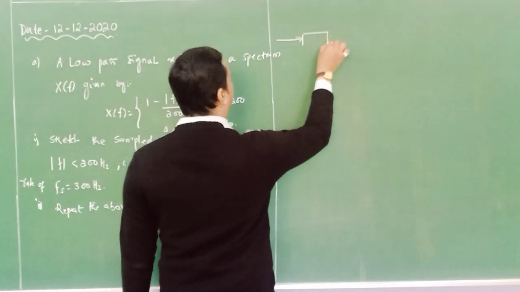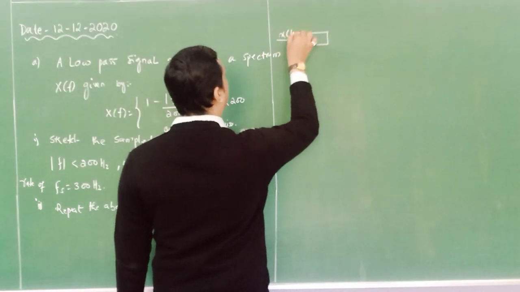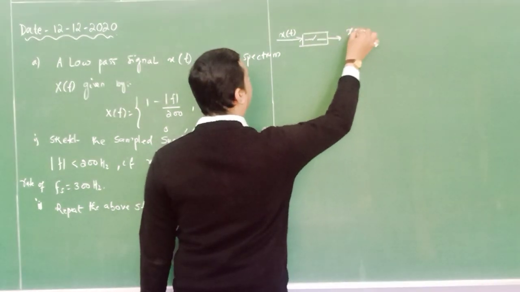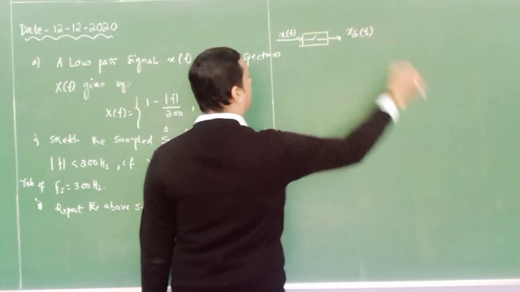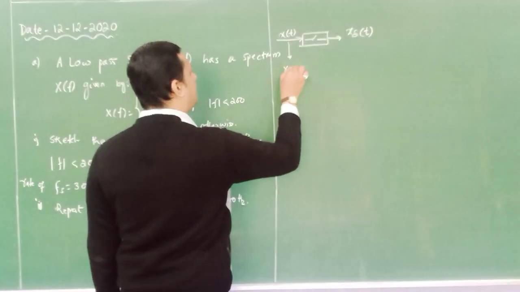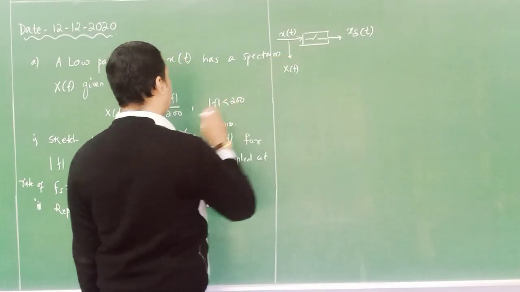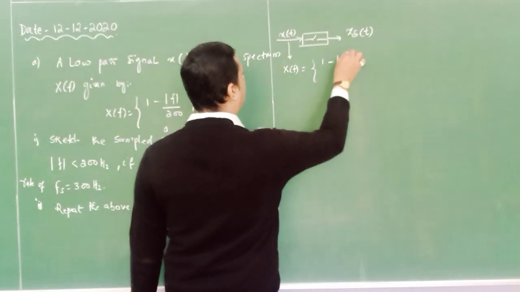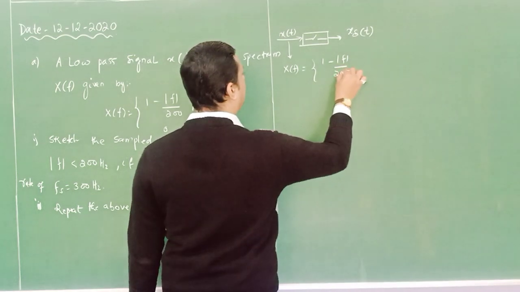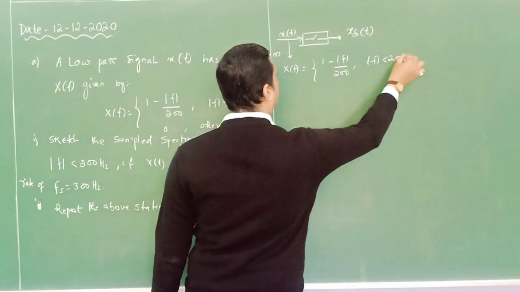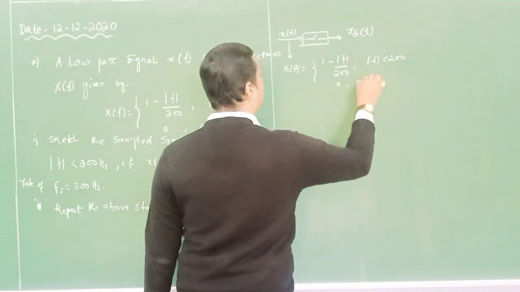This is a sampler. When you provide x of t, the sampler output will become x delta of t. Here the Fourier transform of x of t is given, X of f is equal to 1 minus mod f divided by 200 for mod f less than 200 and 0 otherwise.